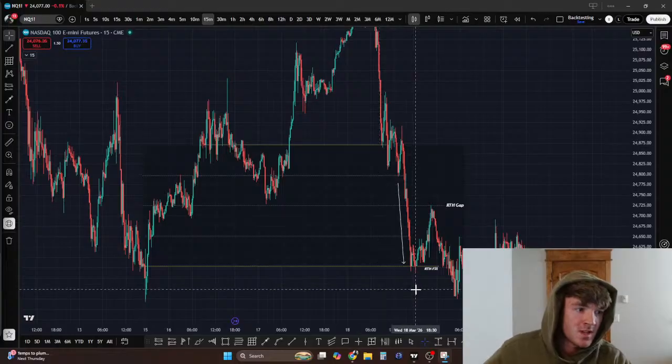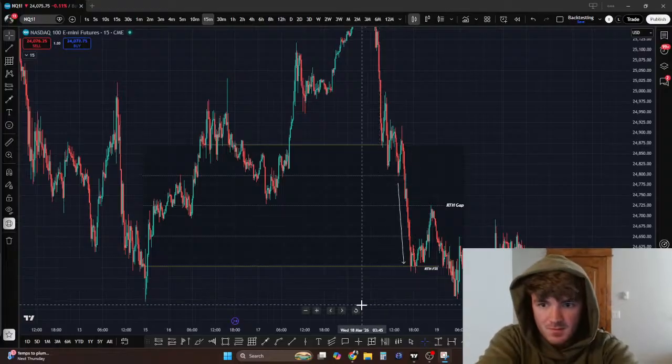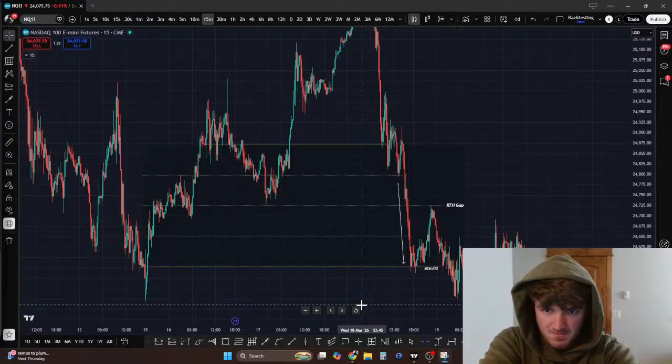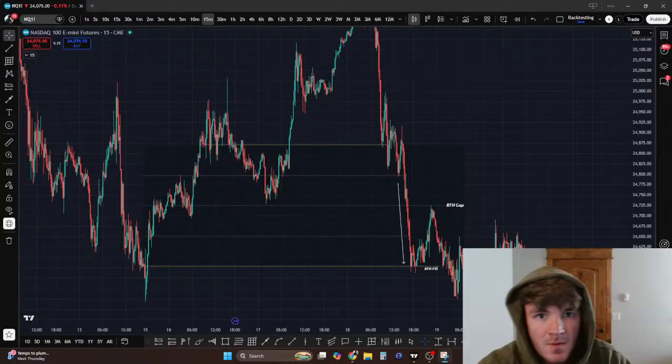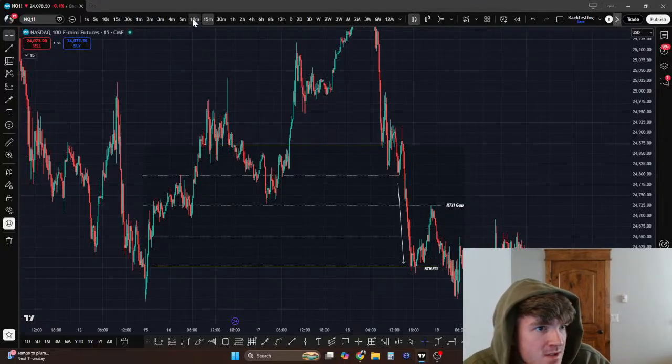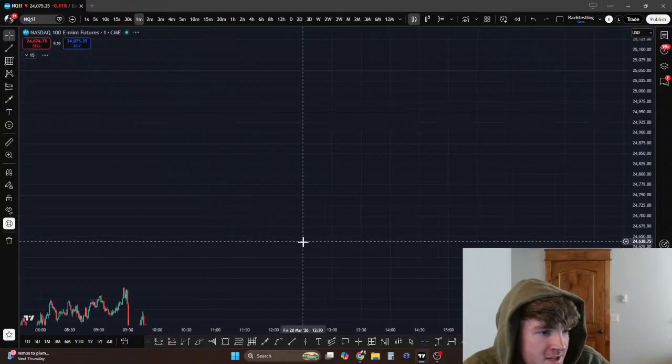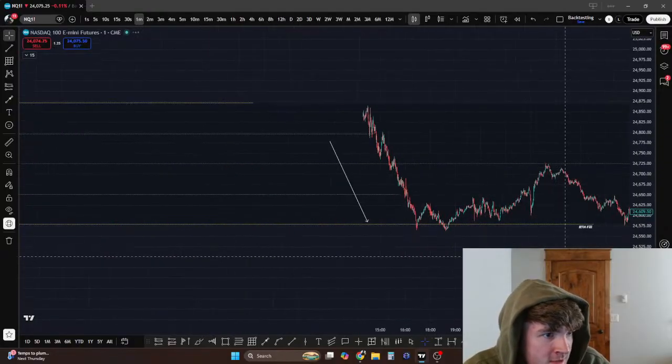What day was this? Wednesday? I think we should include RTH gaps in this new model, this Cosmic Edge model.